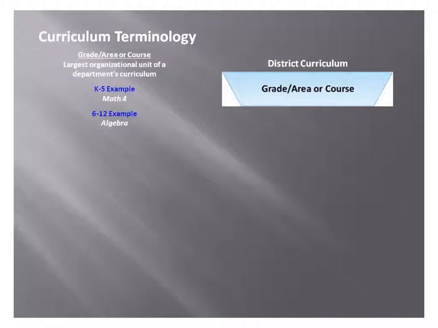And that, depending on which level you're at, might look a little bit different. At the K-5 level, it's generally the grade level and the content areas. And then when you get into your middle school and your high school levels, it might be the specific courses that are in the course description books and available for students to take as classes.